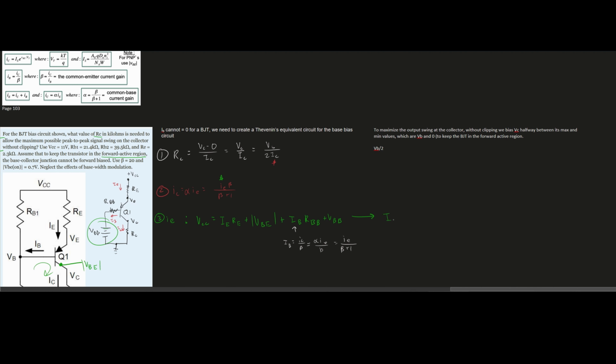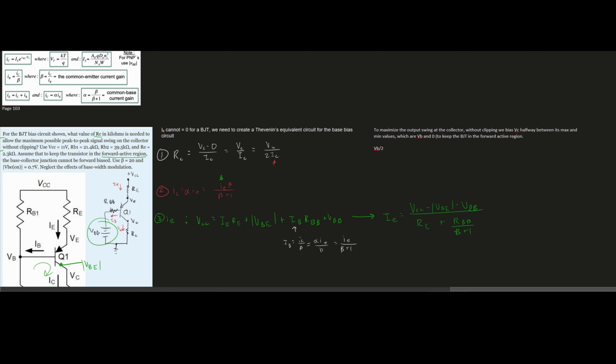If we do this, we're going to get that our IE is equal to our VCC minus our absolute value of our VBE minus our VBB as well. And this is all happening over the RE because of this right here. And then we have plus our RBB over our beta plus 1.